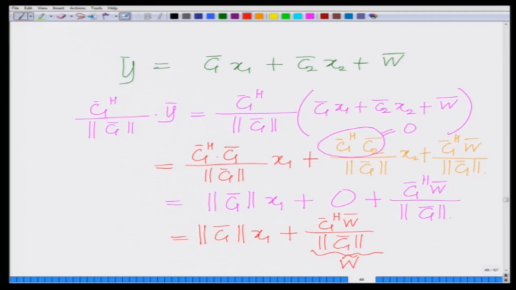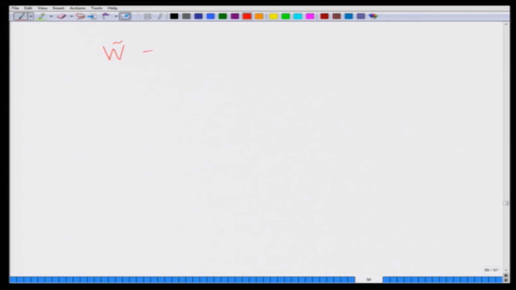Now, let us look at the property of this noise W tilde, which equals C1 bar Hermitian divided by norm C1 bar into W bar. We have already said that W bar is IID Gaussian noise, that is, the noise vector contains IID Gaussian noise elements.